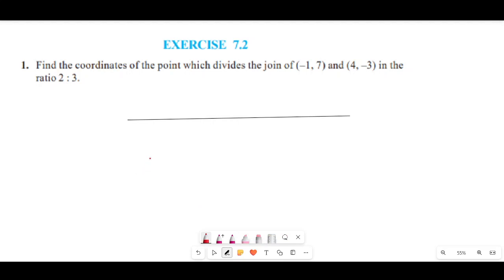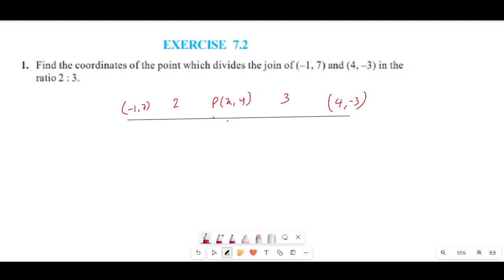Now the first point is given as (-1, 7) and the second point is (4, -3). Let's assume another point P, which is (x, y). Now the ratio between them is 2:3. Clear?